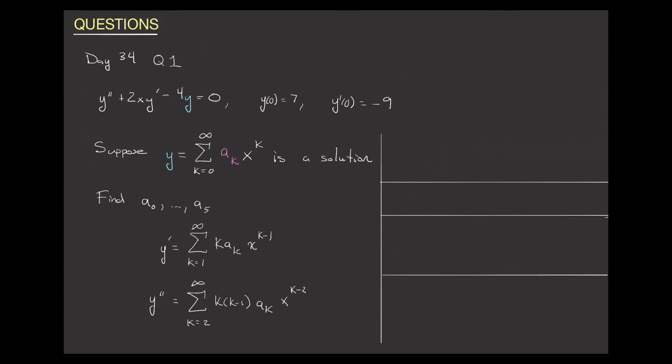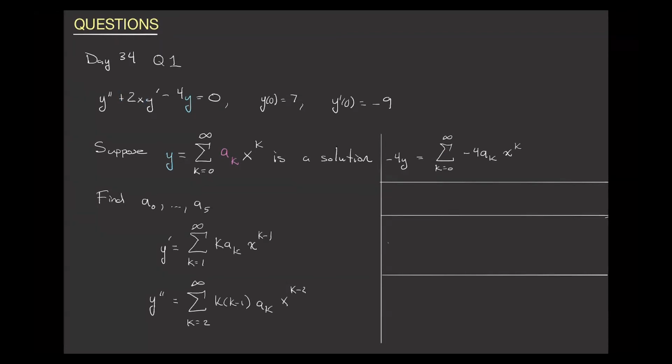For y, we just get negative 4y, which is nothing too crazy. It's just multiplying every term in the series by negative 4, so we get negative 4 a sub k, x to the k. Then for the y prime term, we'll multiply that by 2x.